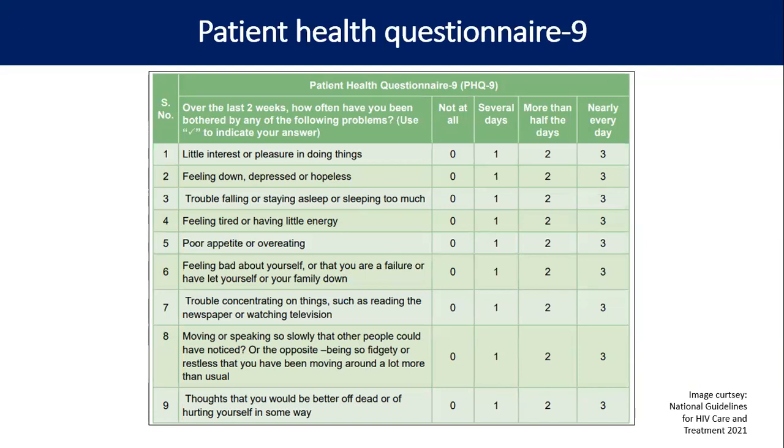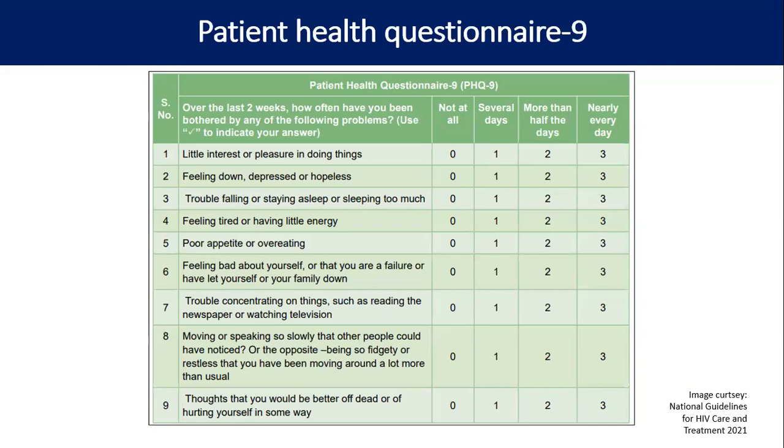So the symptoms that we screen here are little interest or pleasure in doing things, feeling down or depressed or hopeless, trouble falling or staying asleep or sleeping too much, feeling tired or having little energy, poor appetite or overeating, feeling bad about yourself or that you are a failure or have let yourself or your family down, trouble concentrating on things such as reading the newspaper or watching television, moving or speaking so slowly that other people could have noticed, or the opposite, that is being so fidgety or restless that you have been moving around a lot more than usual.